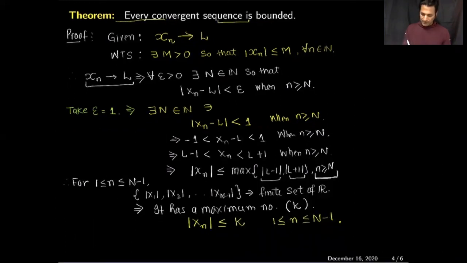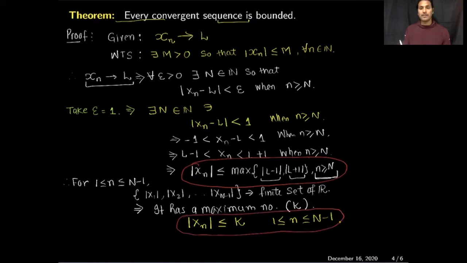Now what I will do is combine this inequality and this inequality, because one inequality is true when n is greater than or equal to capital N, and this inequality is true when n is less than or equal to N−1. So I can combine both of them.